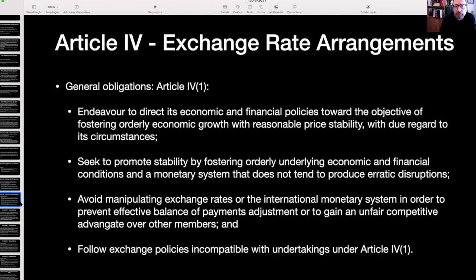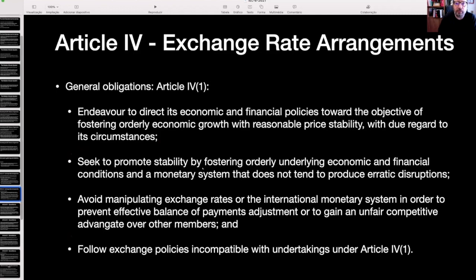Okay, so what about obligations? Well, as you can see, there are a number of obligations in Article 4, paragraph 1, but these are really much more of a program of what would be desirable in terms of trade and monetary policy, rather than any specific directed obligation.